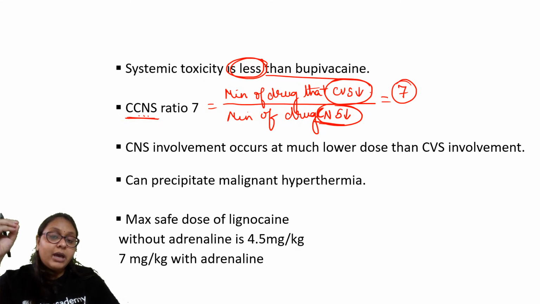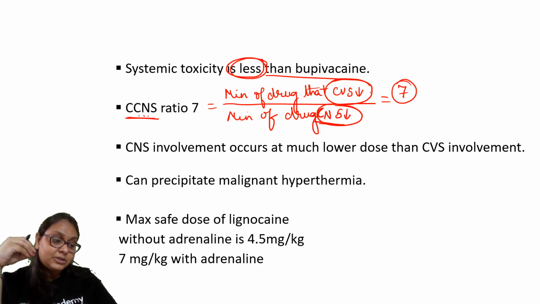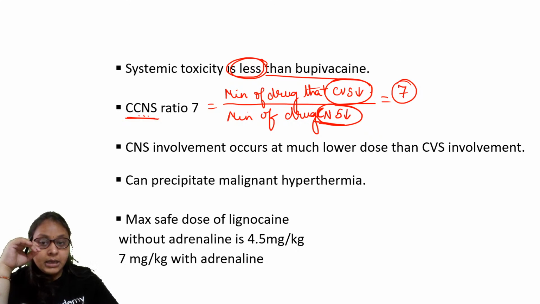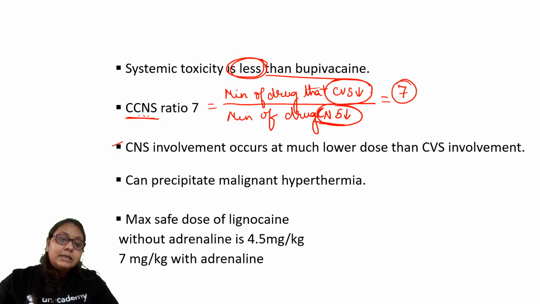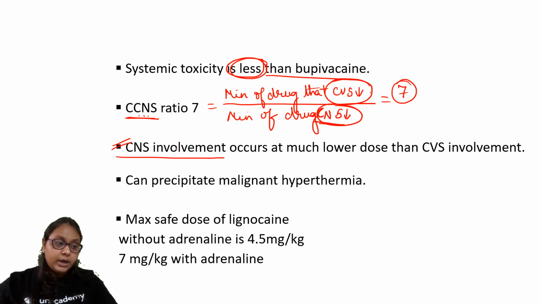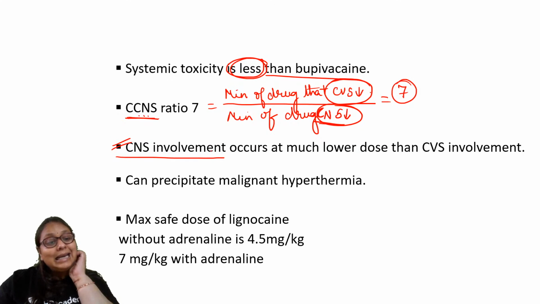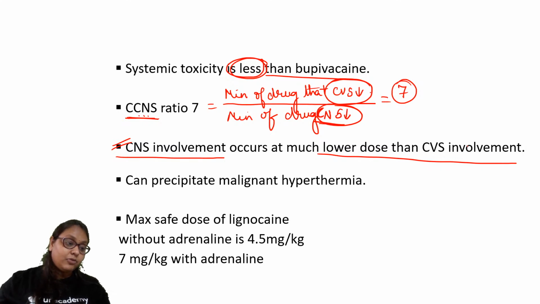Whereas in bupivacaine, even a small amount of drug can cause CVS toxicity, that is systemic toxicity. Is it clear? So CNS involvement in lignocaine occurs at a much lower dose than CVS involvement because the CC/CNS ratio is 7.